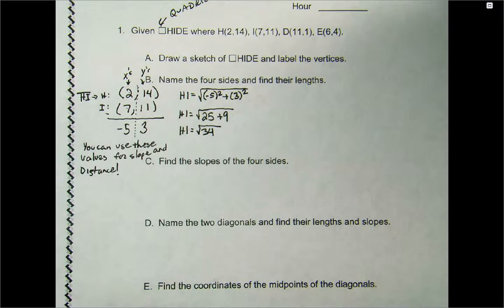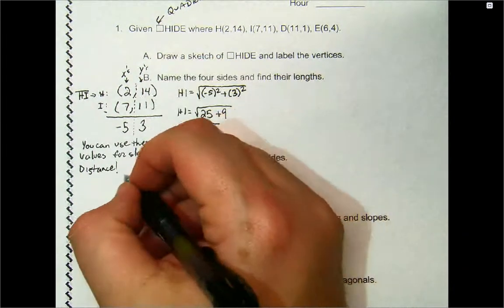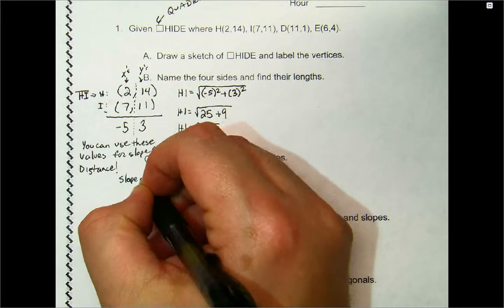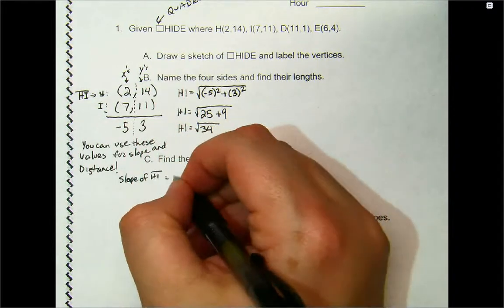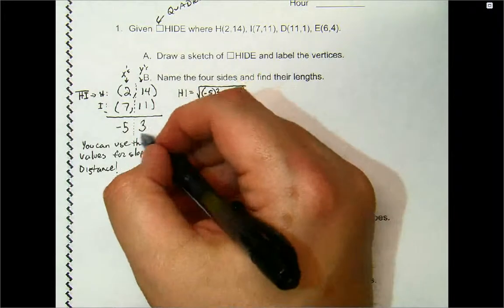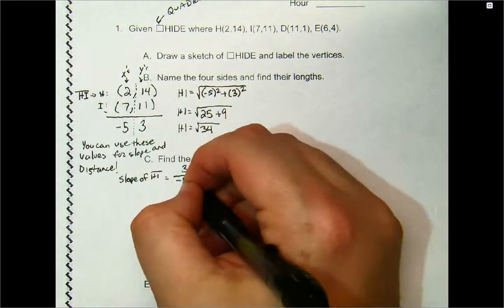Now, if we're going to use these for slope, take the difference of the y, here 3, and the difference of the x, which is negative 5. So there's your slope of HI.